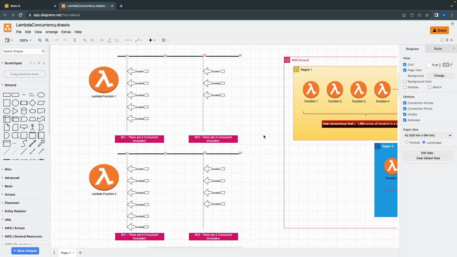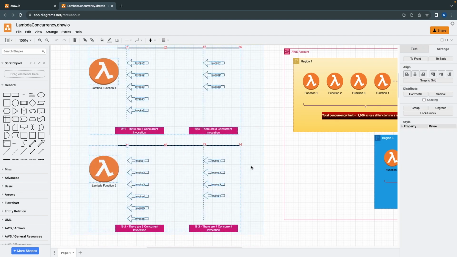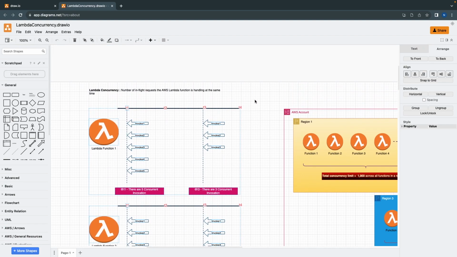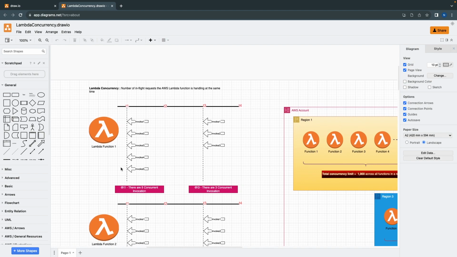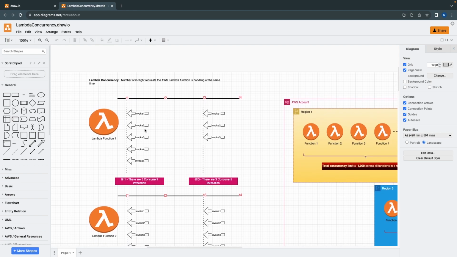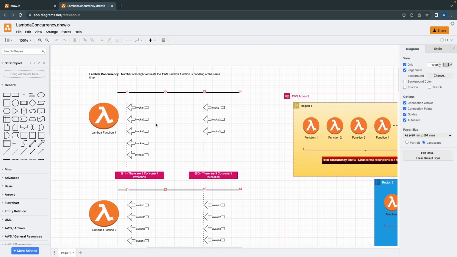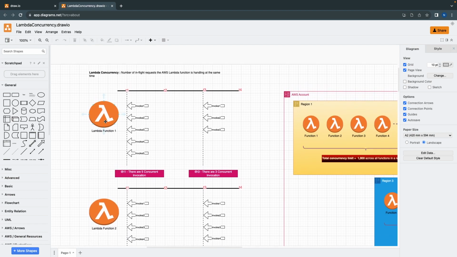But before we go to the concurrency setting, we'll go over the terms. We'll start with what is Lambda concurrency. You can focus on this part. At a given time, in this example, I have two Lambda functions. At T1, I see there are invocations for Lambda function 1 and 2.